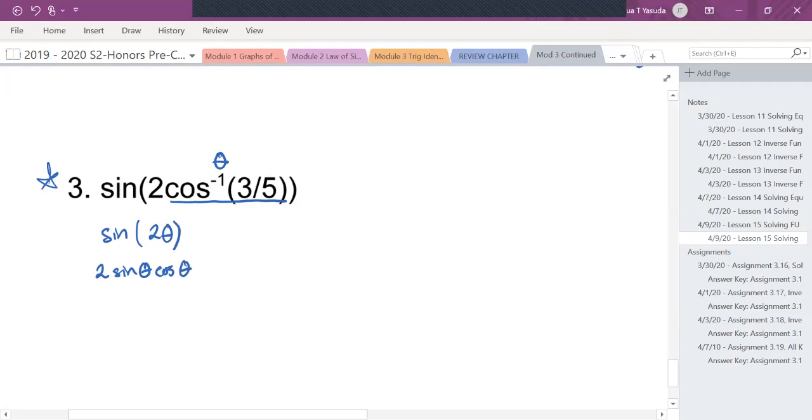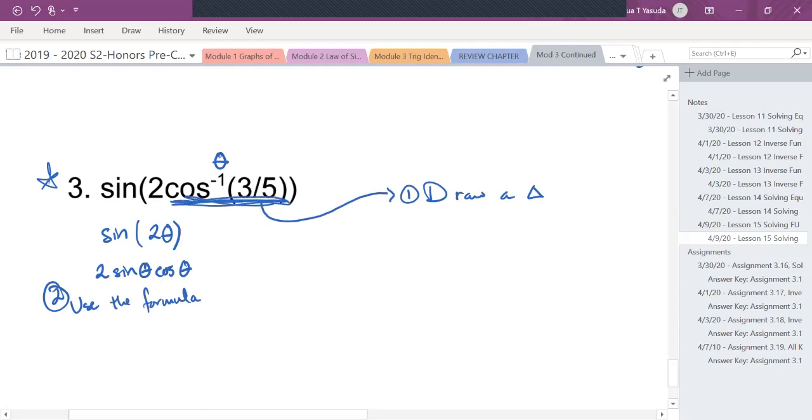So what you're going to do in a problem like this is you're still going to draw a triangle, right? But then after you draw the triangle, you're going to have to use the formula. And in that way, you'll be able to do the sine of 2 theta, right? Because this is the theta that we're talking about.